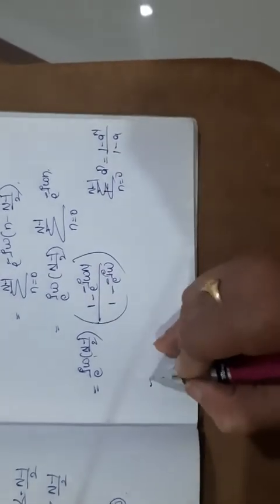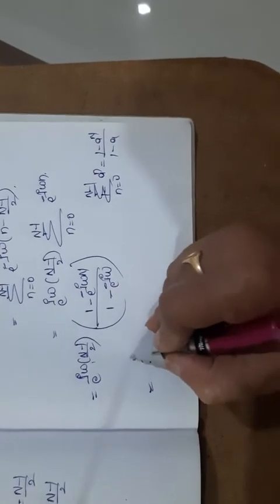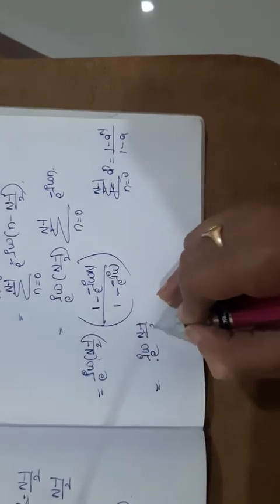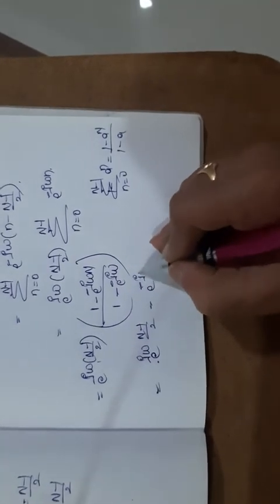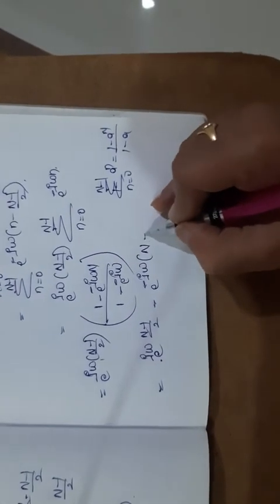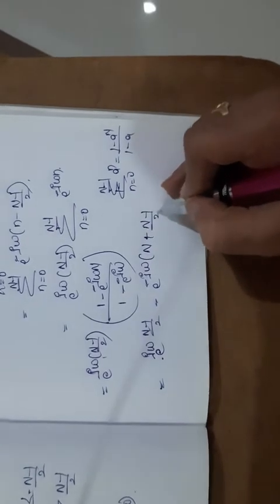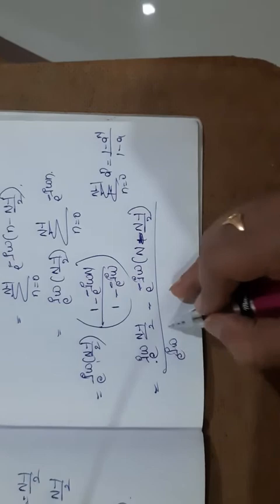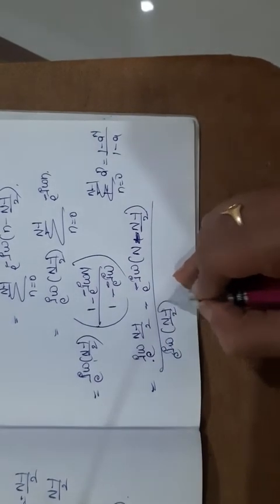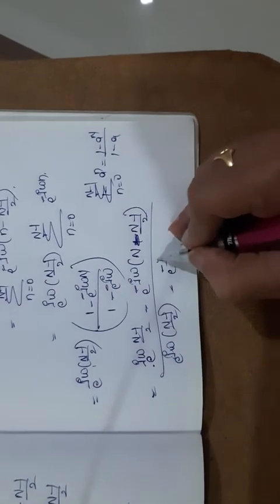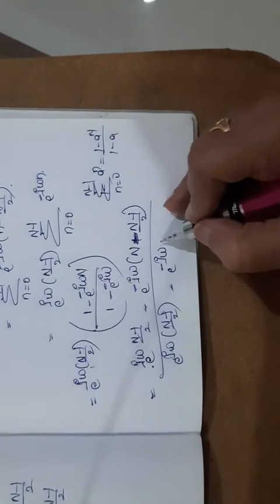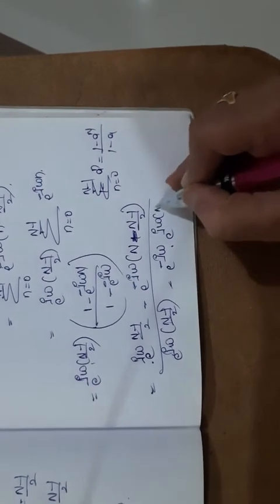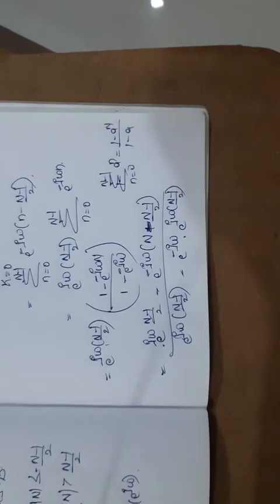If I multiply this inside by e^{jω(N-1)/2}, I get e^{jω(N-1)/2} into (1 - e^{-jωN})/(1 - e^{-jω}).